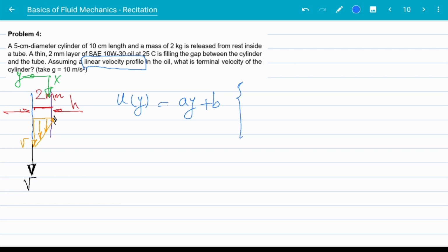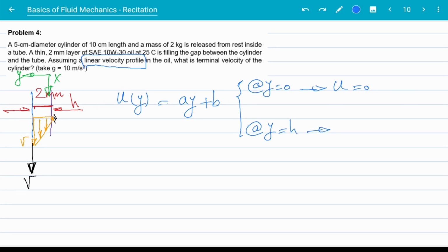I have two conditions, boundary conditions, that can help me find the values for A and B. The first condition is the no-slip condition on the tube wall. That is, at y equal to 0, there is no velocity. Velocity is 0 because the tube is not moving. The second condition is that at y equal to h, on the other side of the gap, u is equal to the velocity of the cylinder, the terminal velocity.